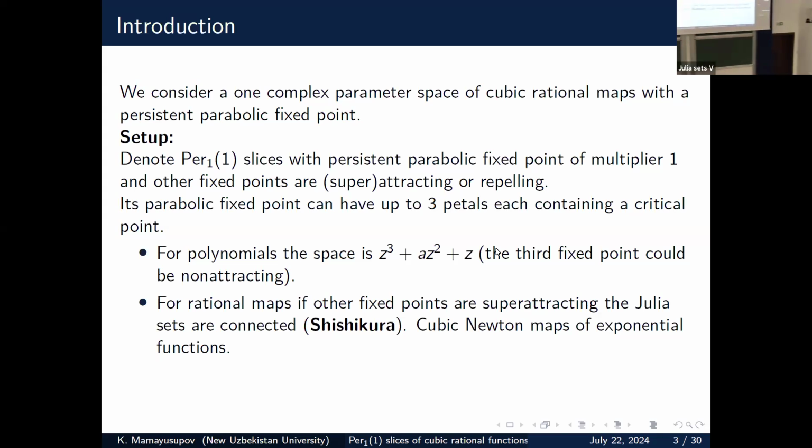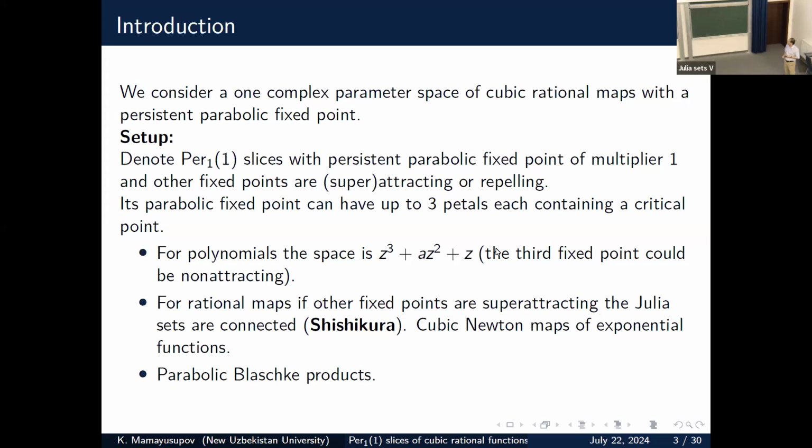So for the cubic case, these are exactly Newton maps of exponential functions. When you compute the Newton map, this exponential factor cancels and you get a rational function. In this case, infinity becomes parabolic. And this also works for some parabolic Blaschke products.